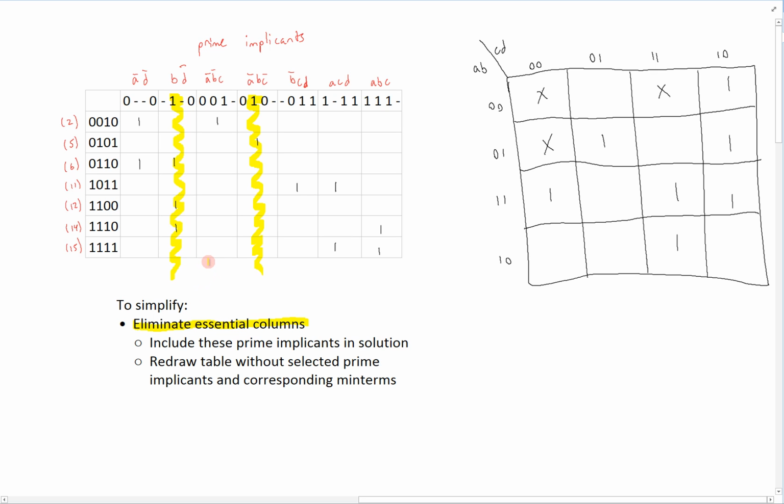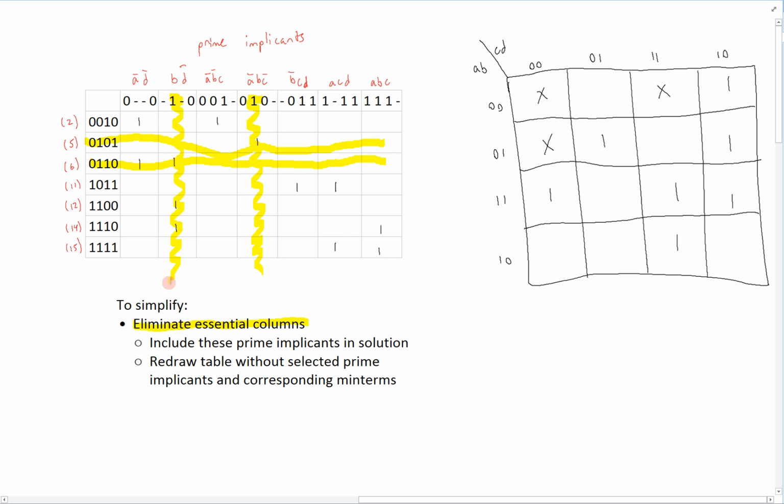When we do this, we can also eliminate not just these columns, but also all of the corresponding minterms with ones in their row, because we have covered them with this. So in other words, we get rid of this row, we get rid of this row because there is a 1 in here, even though this wasn't the only one in this row.